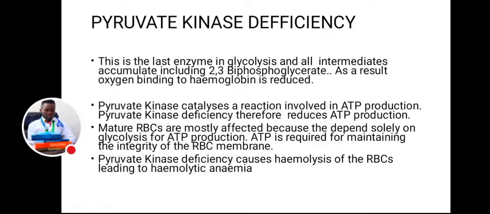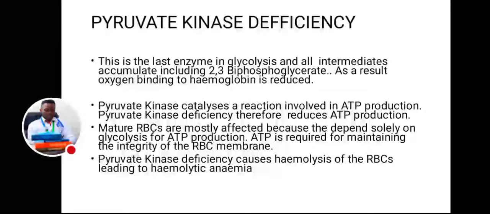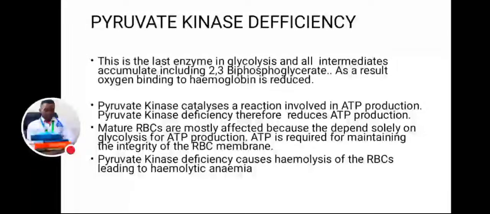Pyruvate kinase catalyzes the reaction involved in ATP, adenosine triphosphate production, and pyruvate kinase deficiency therefore reduces ATP production. Mature red blood cells are mostly affected because they depend solely on glycolysis for ATP production, for maintenance of the integrity of the red blood cell membrane.